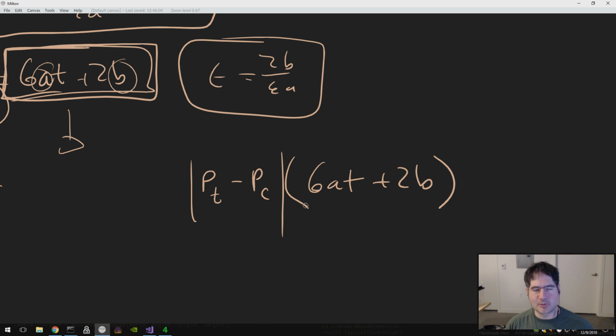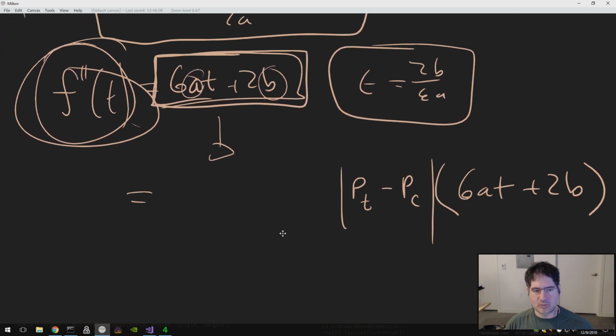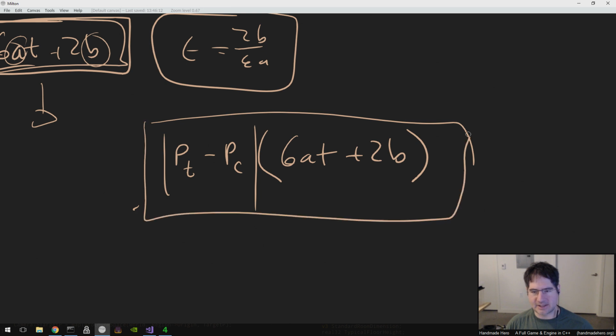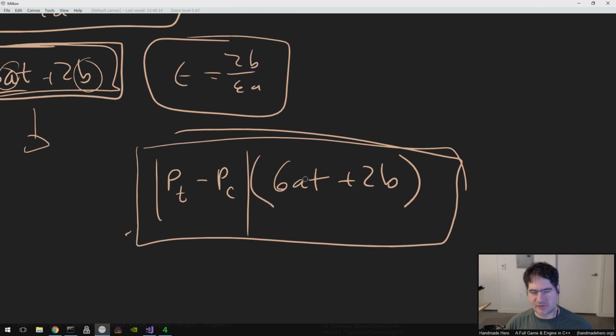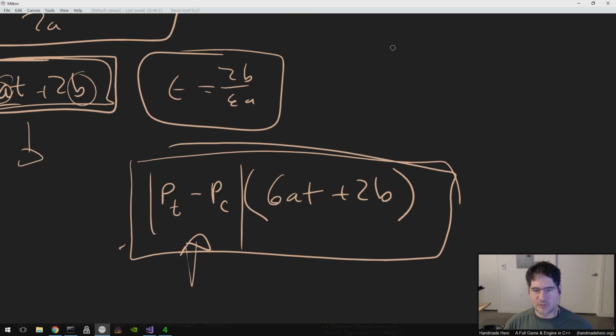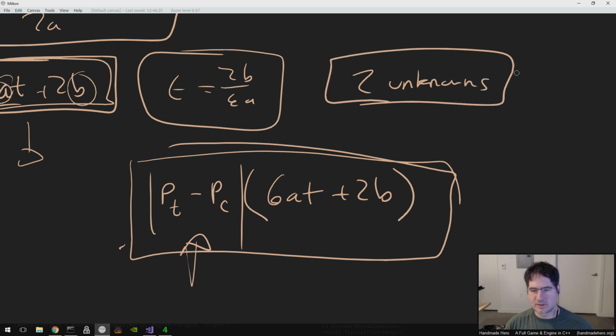So if we think about it more from that perspective, what we actually stored was this value and we need to get this back, then that's when this becomes a harder problem because we don't actually know what this value is either. So we really have two unknowns. We don't know what t is, and we also don't know what the distance is, right?